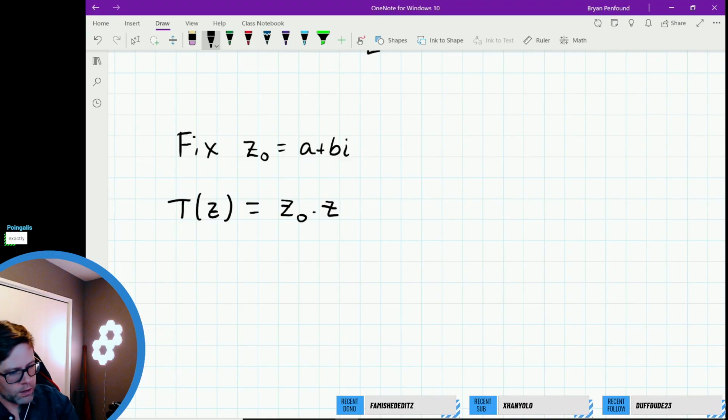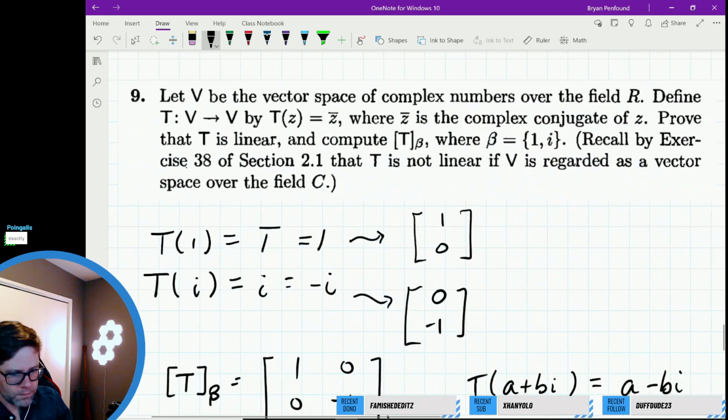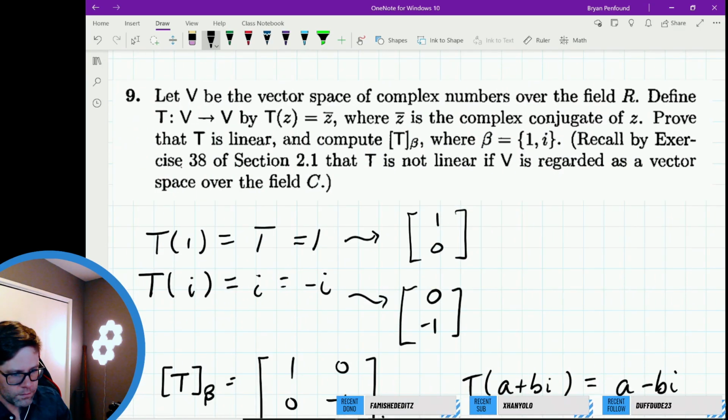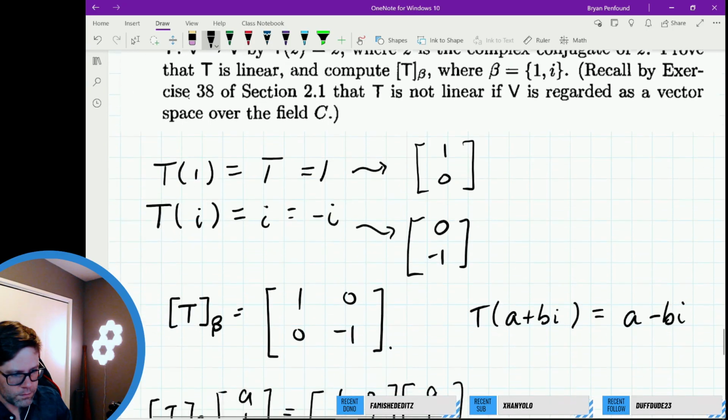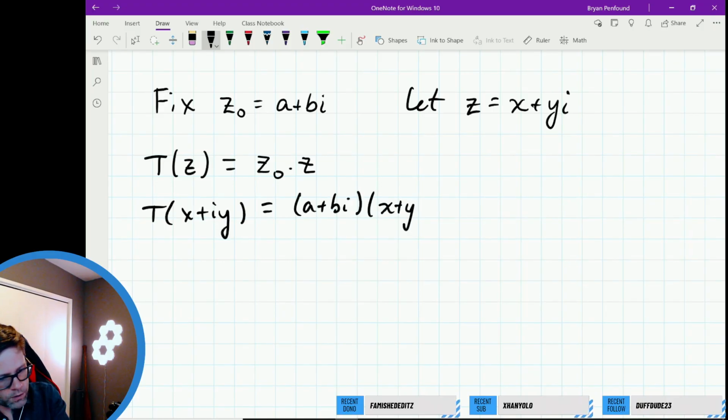Okay, cool. So if that's the case, let z be, I don't know, x plus iy. I'm assuming you're going to want me to do this over the reals so that we're working with a vector space, I think, here, right? Okay, so what happens here? So this would take us to a plus bi times x plus yi.